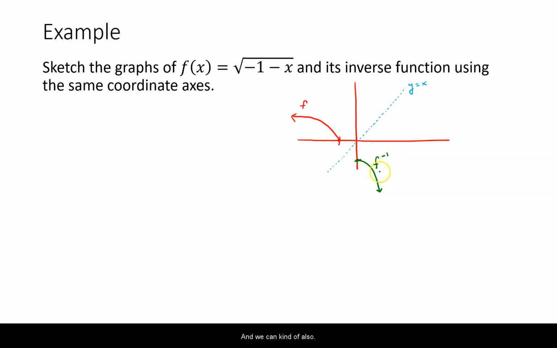And we can also think about what graph we're actually drawing with f inverse. So let's just quickly solve for f inverse. We know here that if I write y equals the square root of -1 minus x, I can square both sides to get rid of the square root, and then isolate the x.